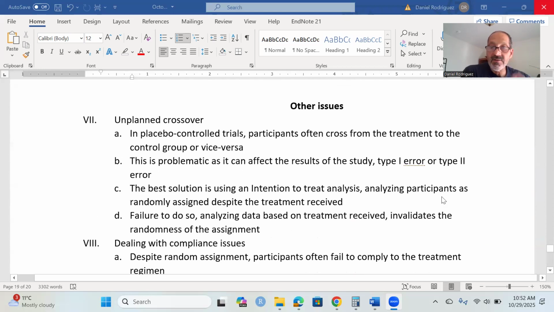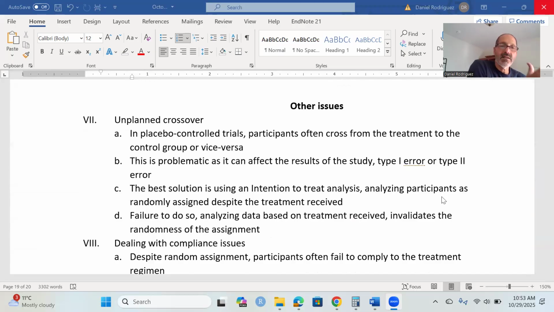Some other issues that I want to deal with before I finish this nice lecture here. In these studies, we often have what is called unplanned crossover. So you have people assigned, let's assume we have just two groups, experimental group and control group. Sometimes people cross over, people who were in the experimental group go into the control group for whatever reason, right?